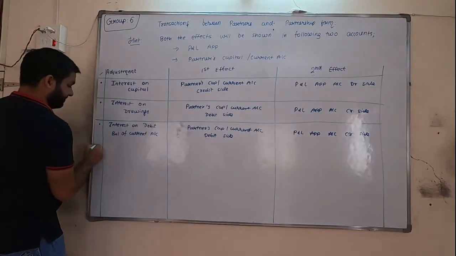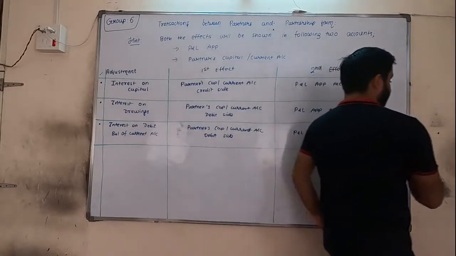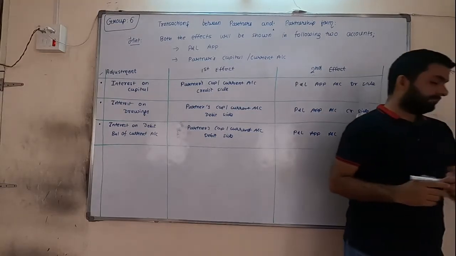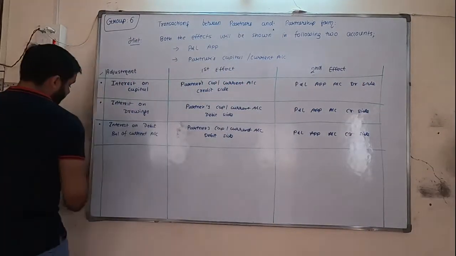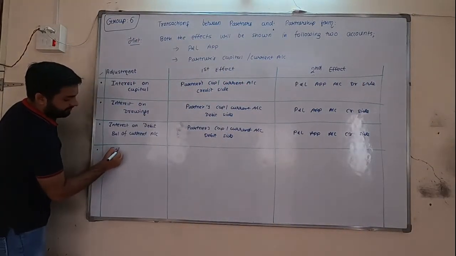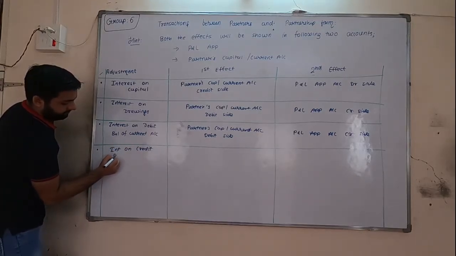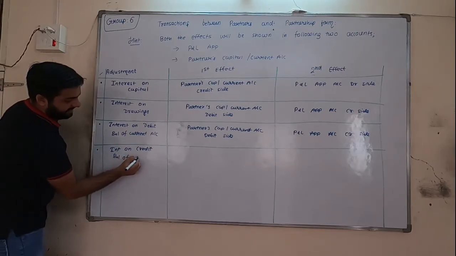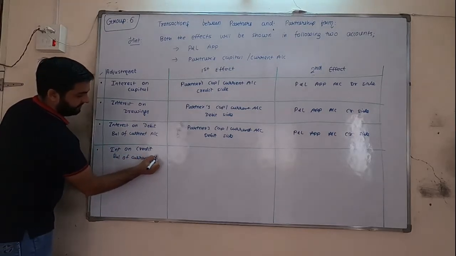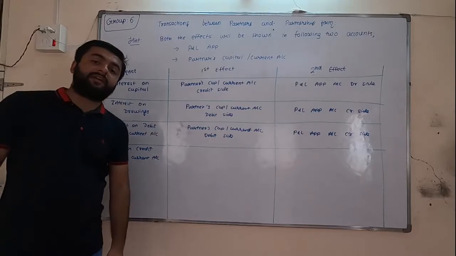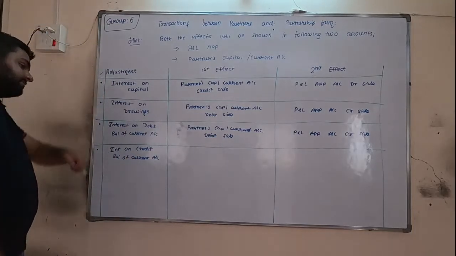Then next, opposite to it, interest on credit balance of current account. As you all know, current account can have debit and credit balance both.